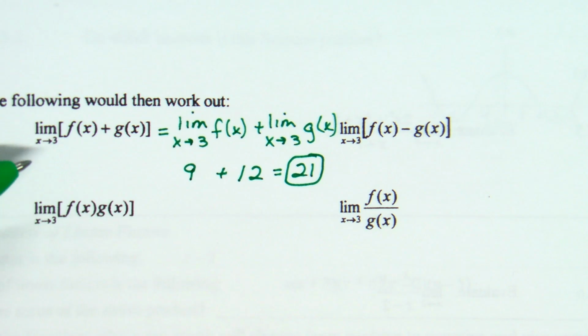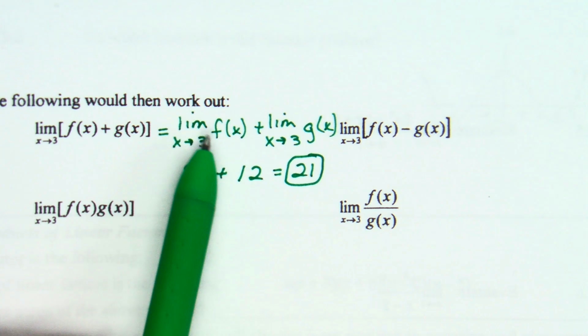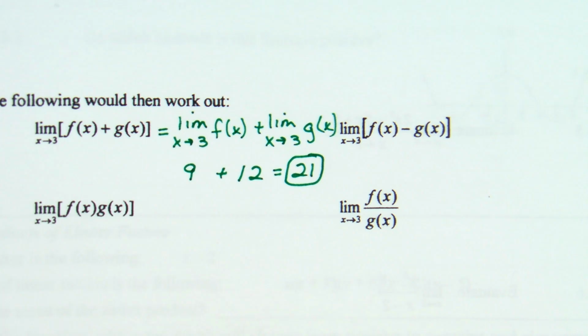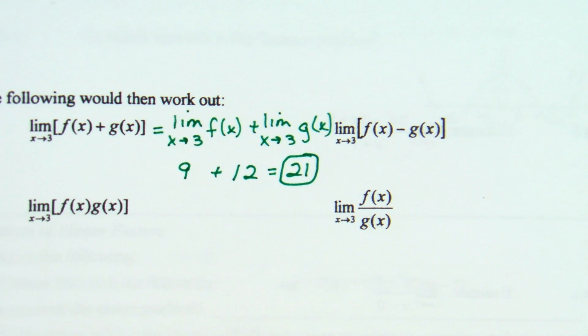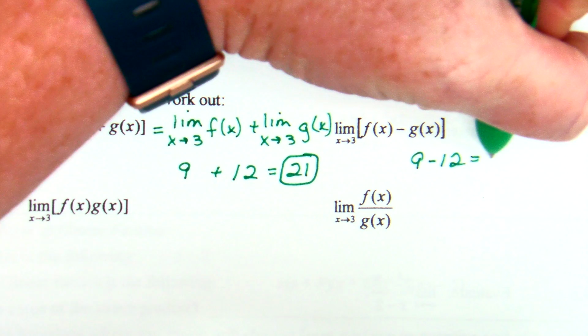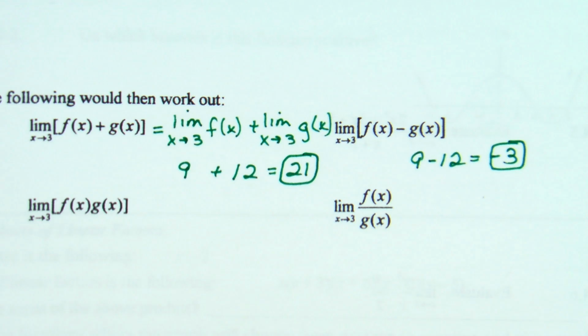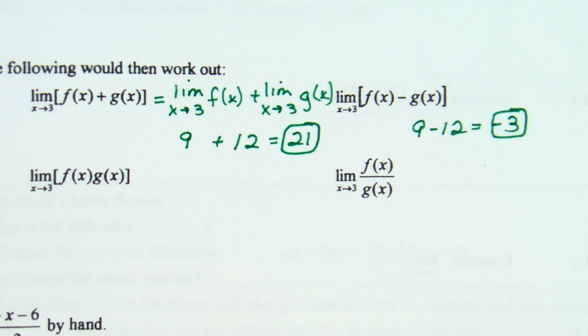What you need to walk away knowing is, I can take the limit of two things added and rewrite it as two individual limits being added. Now, can you guess what that means about the next one? Yeah, you're just going to subtract them. It's the limit of f minus the limit of g, which means I'm doing 9 minus 12, which is negative 3. I know it's going to be a shocker. Limit of f times g. Yeah, means I can do the limit of f times the limit of g.